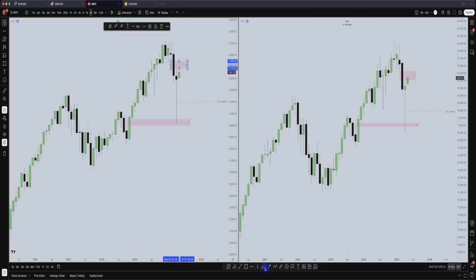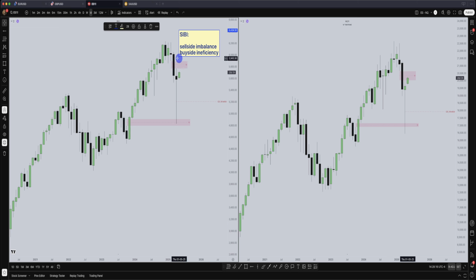Sorry, I will put it in text because I need to put it like this. So that is CB, sell side imbalance.